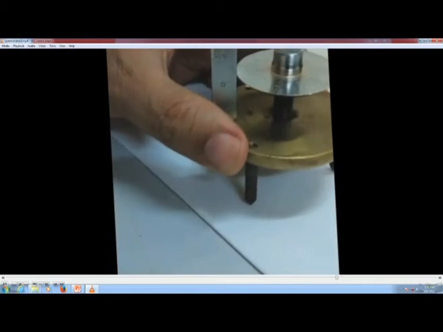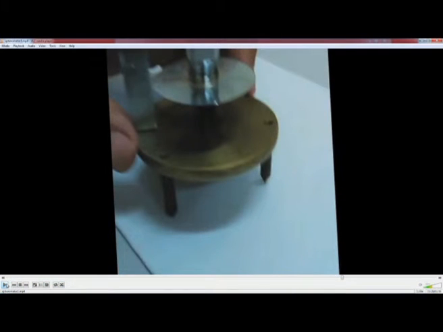Now, we have to keep the spherometer on a plain paper and press it to get the location of the 3 legs of the spherometer.